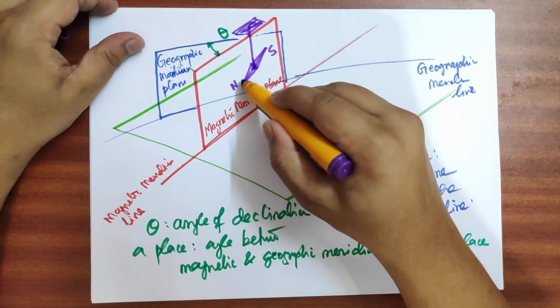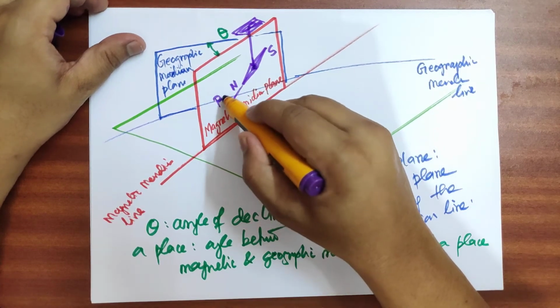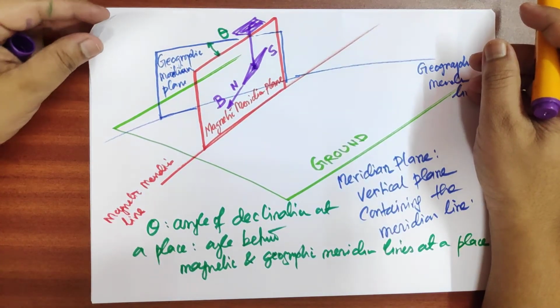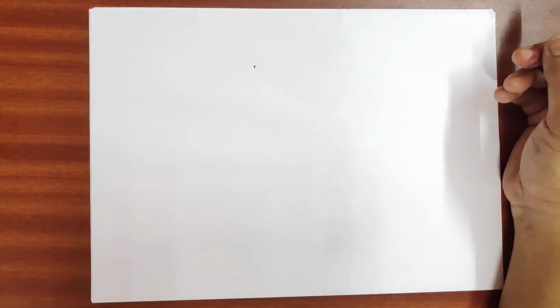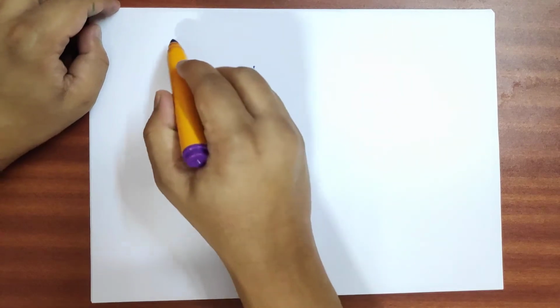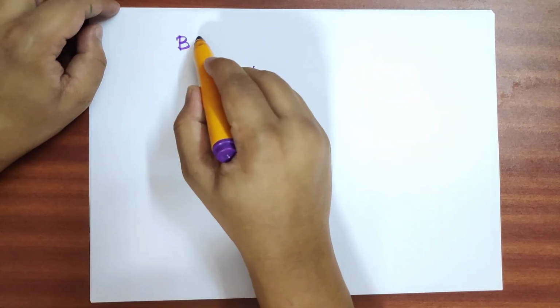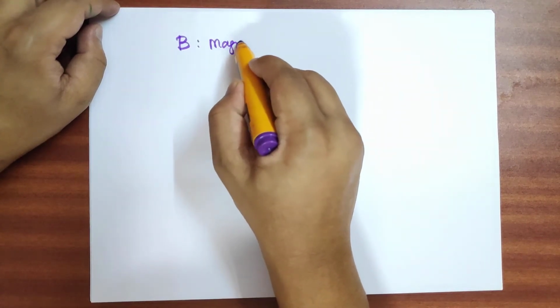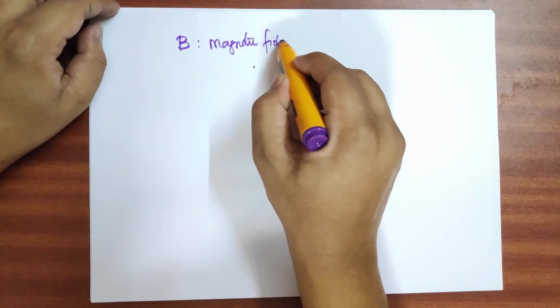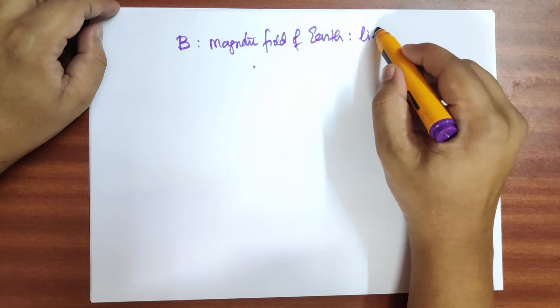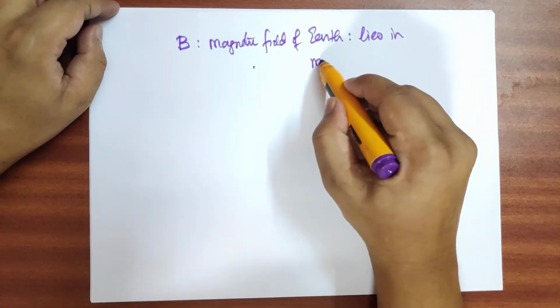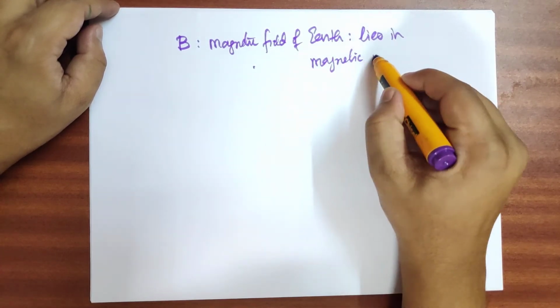That means the magnetic field of the earth vector, this B, lies in the magnetic meridian plane.